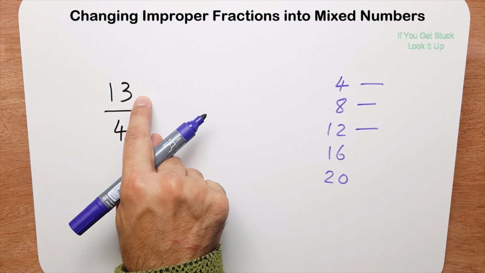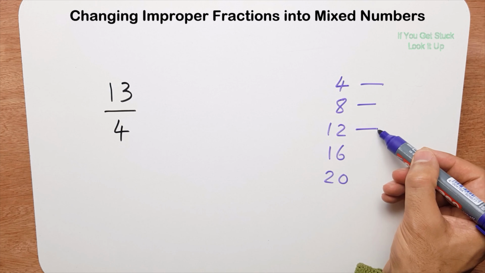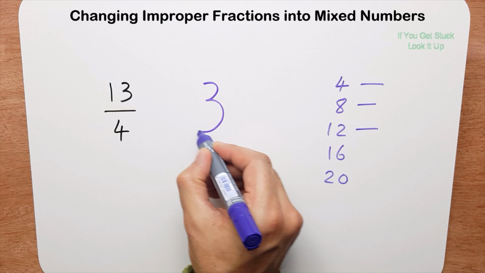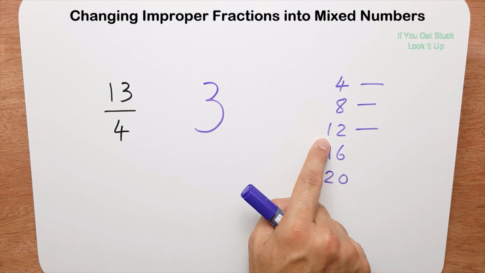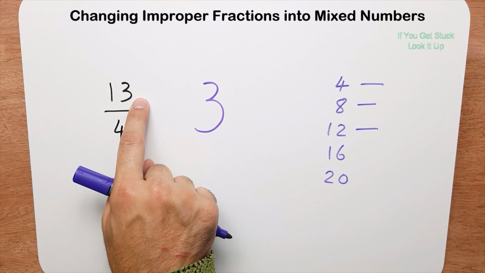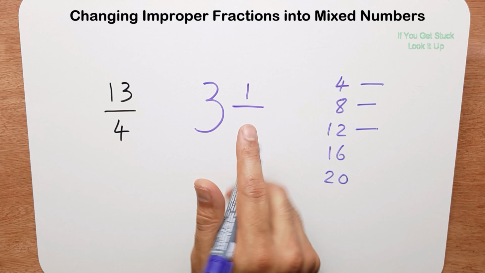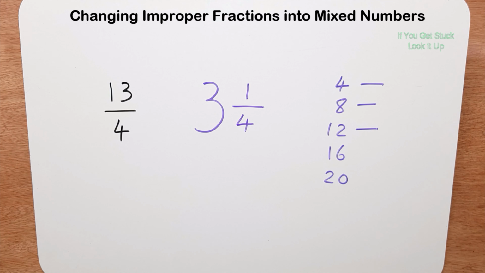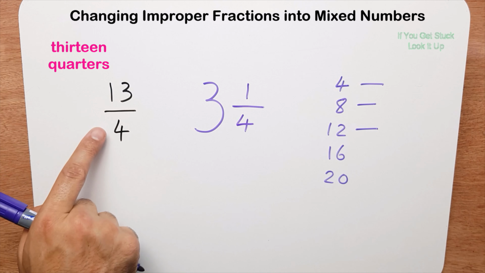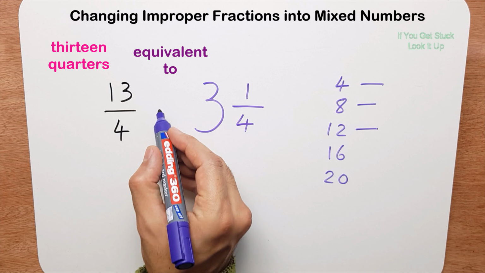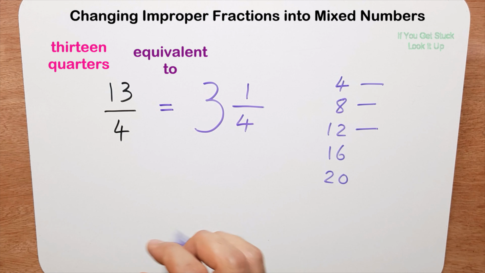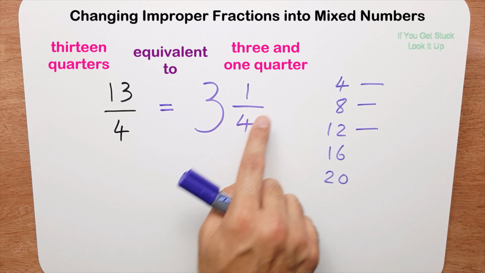That's bigger than 13. 1, 2, 3. That's the big number. And I've used 12 and I had 13. So I've got a remainder of 1. And this 4 goes at the bottom. So I can say 13/4 is equivalent to or equal to 3 1/4.